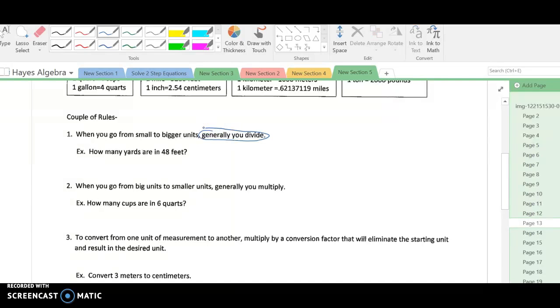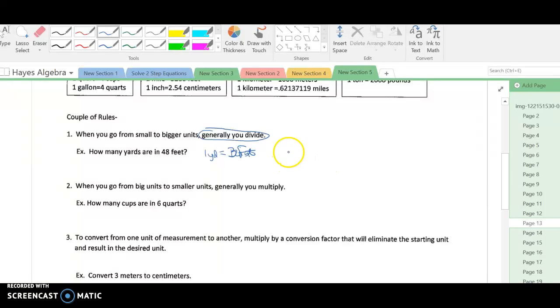And what do I mean by that? Okay, how many yards are in 48 feet? Well, 1 yard is equal to 3 feet. How many yards are there going to be in 48 feet?